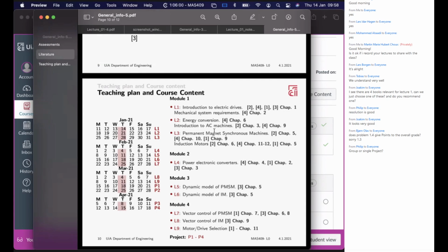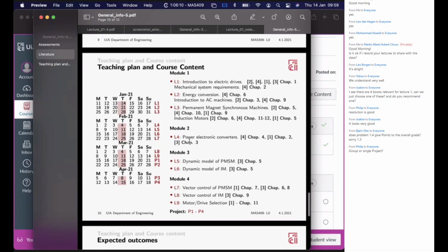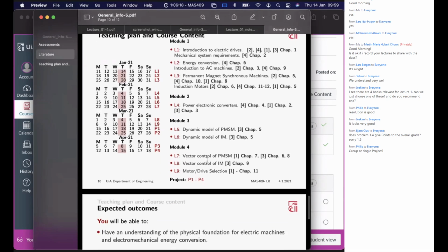So lecture 2 and 3 will be some repetitions. Actually not, because the permanent magnet has not been seen in the bachelor course. And then module 2 about power electronic converter, PEC. And then module 3 will be on dynamic models. And module 4 on vector control and drive selection.